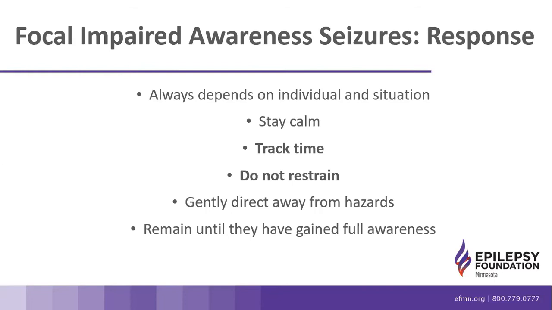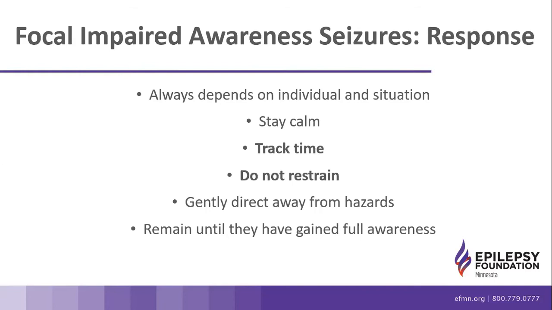Well, keep in mind that a seizure is a single event, right? We talked about that. It starts, there's unusual behavior, and it stops within seconds to a few minutes. When a person comes out of the focal impaired aware seizure, many times they're confused as to where they are or what they did. They know that something's happened, but they don't know what.